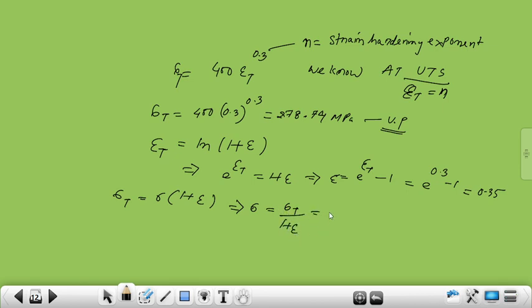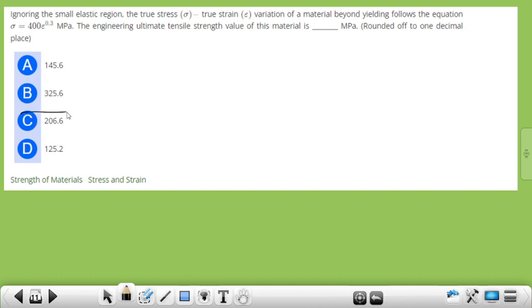This true stress we found is 278.74, divided by 1 plus 0.35. By solving this we get 206.55 megapascal. Option C is the correct answer.